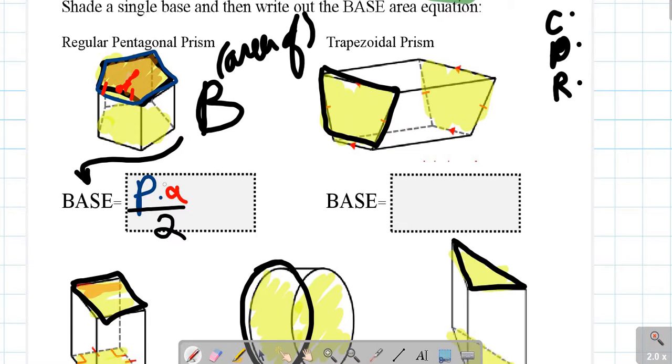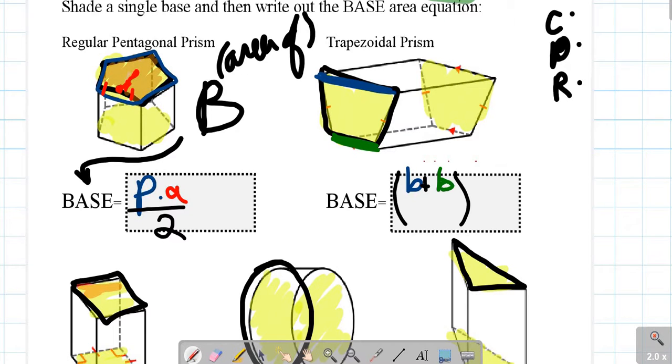So if I wanted to find the area of that base, I trace around the perimeter times the apothem over 2. If I have a trapezoidal base, the area of this shape is the average of these parallel sides. We call those the bases of the trapezoid. Watch carefully, I'm using lowercase b plus lowercase b.